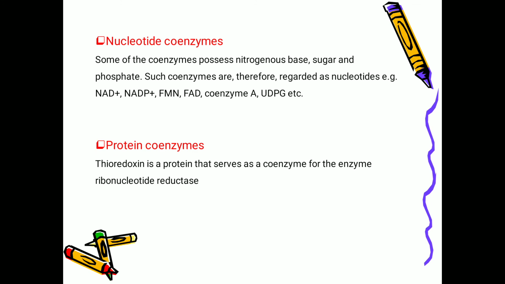And the other type is protein coenzymes. Like thioredoxin is a protein that serves as the coenzyme for the enzyme ribonucleotide reductase. So for the coenzymes, B complex vitamins, non-vitamins, nucleotide coenzymes and protein coenzymes are there.